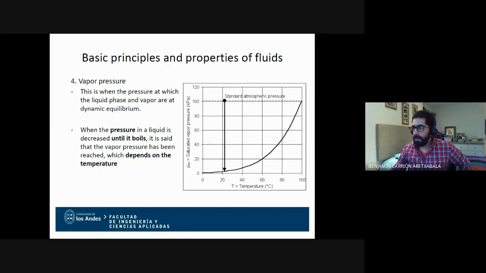Okay, here's an interesting and relevant concept for us related to pressure, which is the vapor pressure. I'm sure most of you have heard about this, but the vapor pressure is the pressure at which a fluid passes from the liquid phase to the gaseous phase.